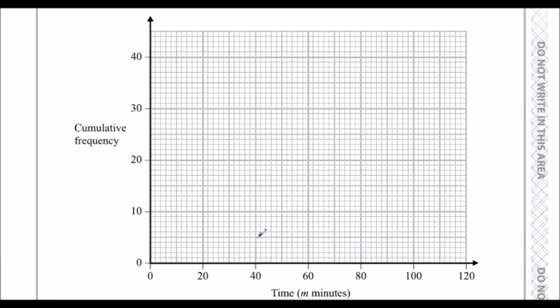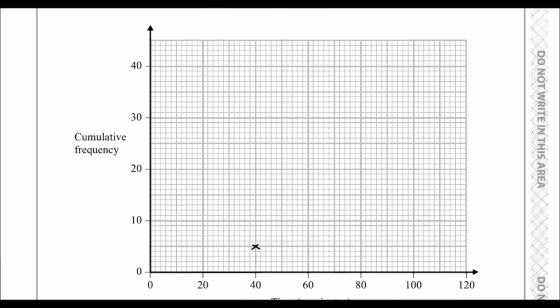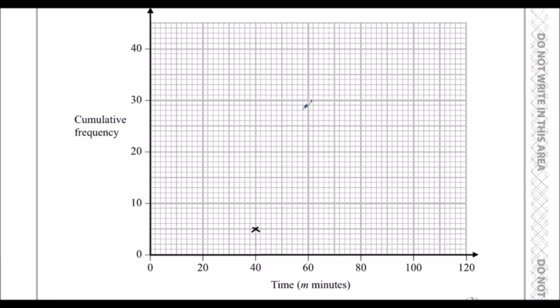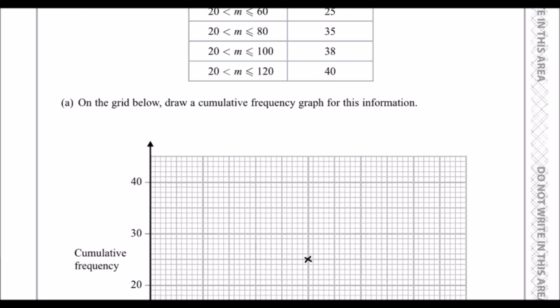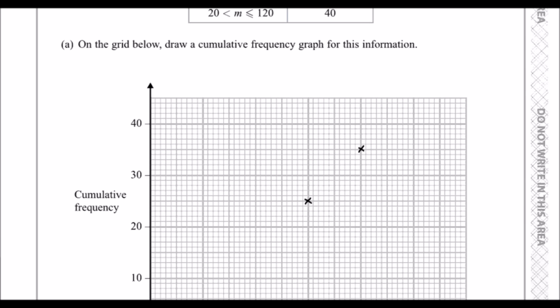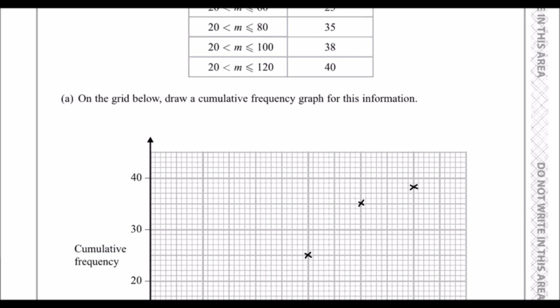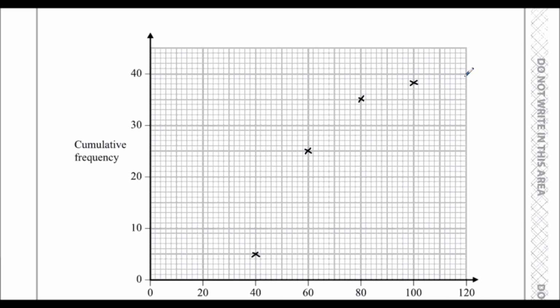So 40 against 5, that's here. 60 against 25. 80, 35. 100, 38, and 120, 40.